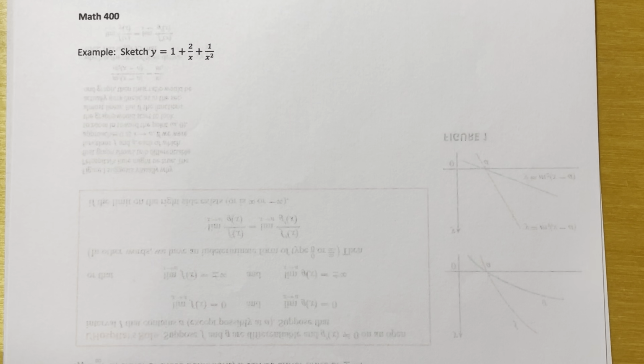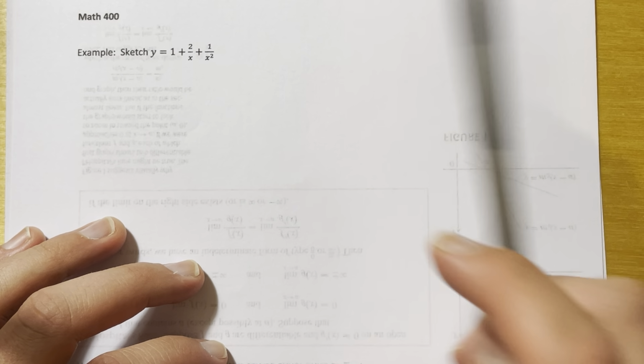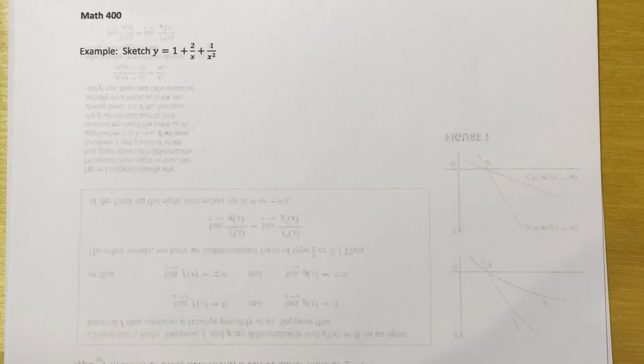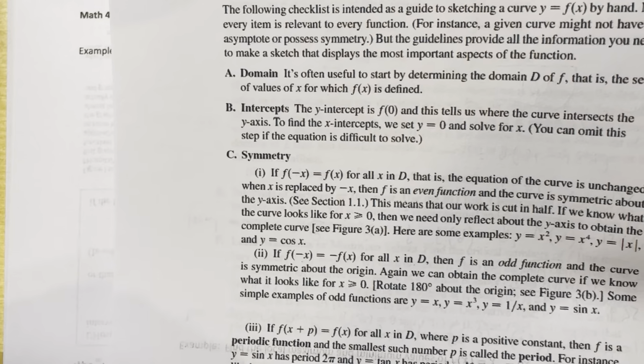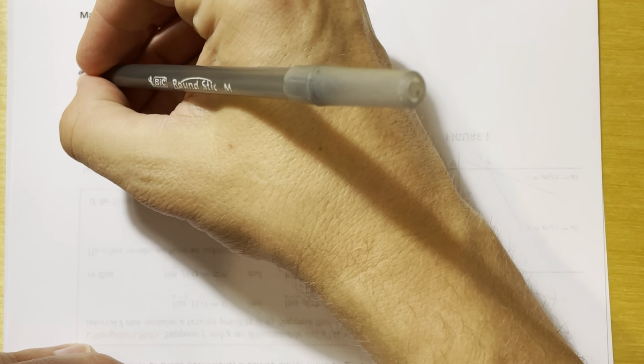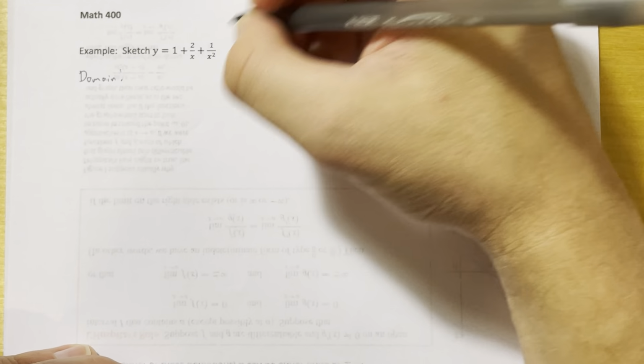So I want to sketch this function, y equals 1 plus 2 over x plus 1 over x squared. I'm probably going to go back and forth between these first 2 pages and each example just to remind myself of what we're looking for. Start with the domain. What is the domain of this function? Well, this one's pretty simple.